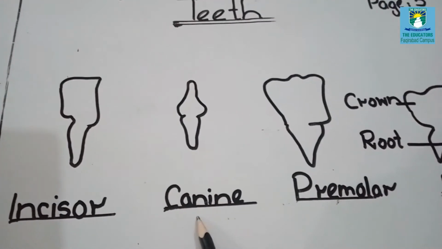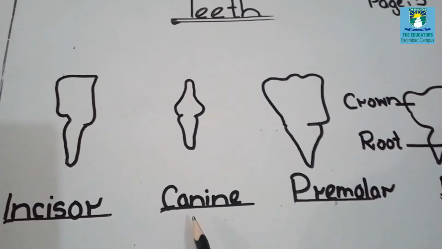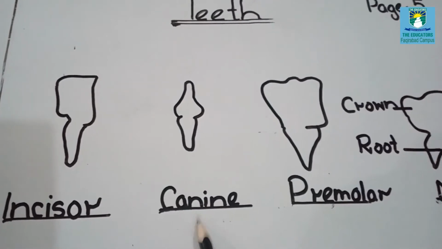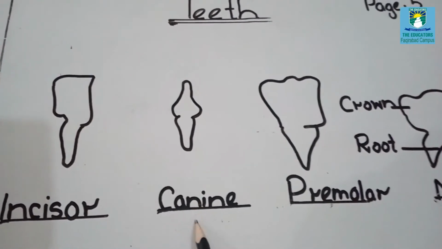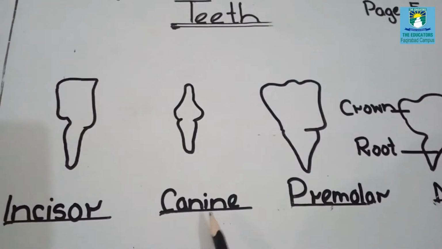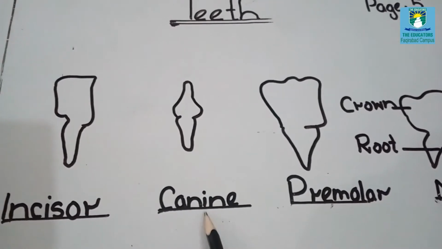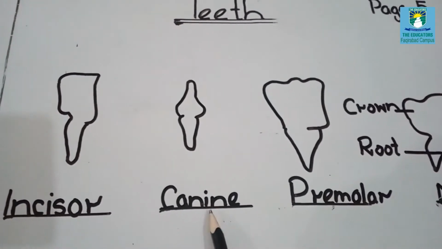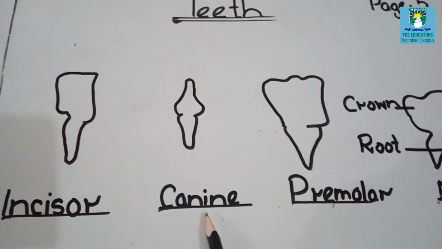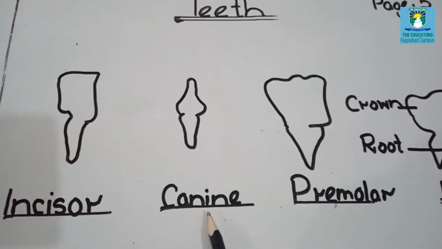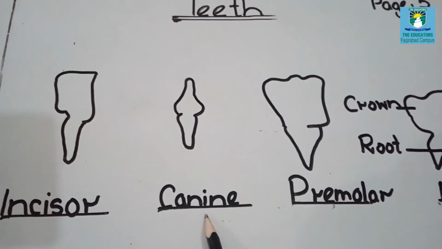The second type is the canine. What is the function of the canine? It is a more pointed tooth. Humans use canines for biting, but some animals, for example dogs, have long canine teeth.